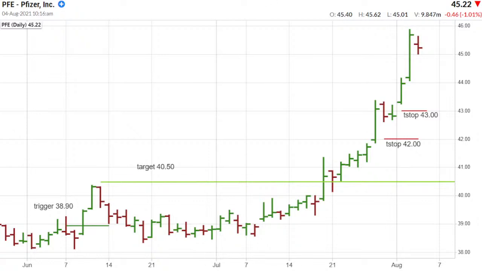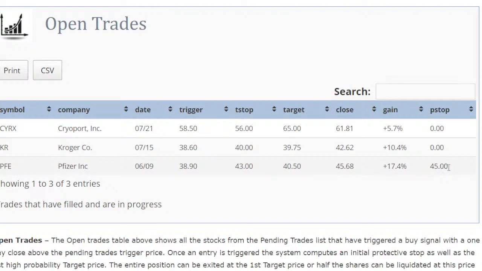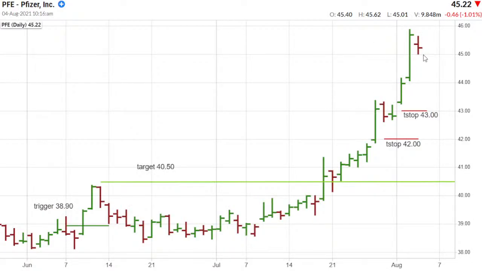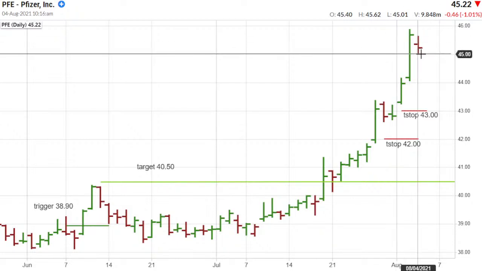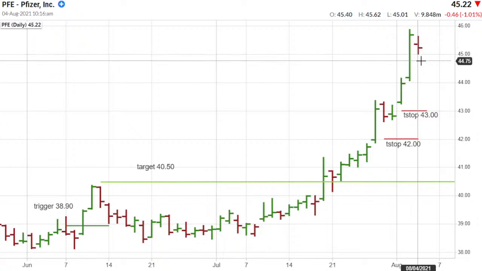So you can also see that there's a P stop, parabolic stop alert, as of last night, and that's up here at 45, which it looks like it just touched. So this is basically the same as Kroger's.